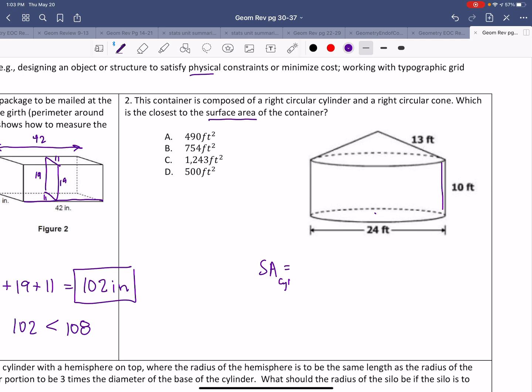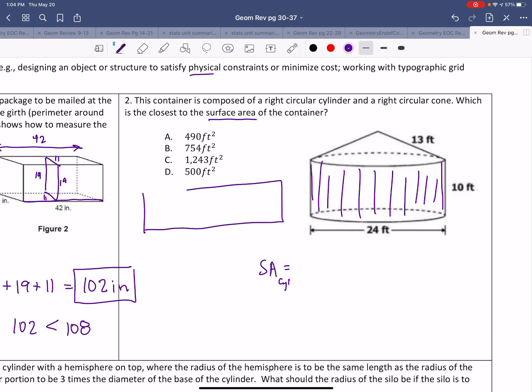So the surface area of just this outside part, if we think of it as a barn, how much would I have to paint, would be the circumference, which is 2 pi r, and then a height of 10. So that would be my base and my height. I could also think circumference is just pi times diameter.